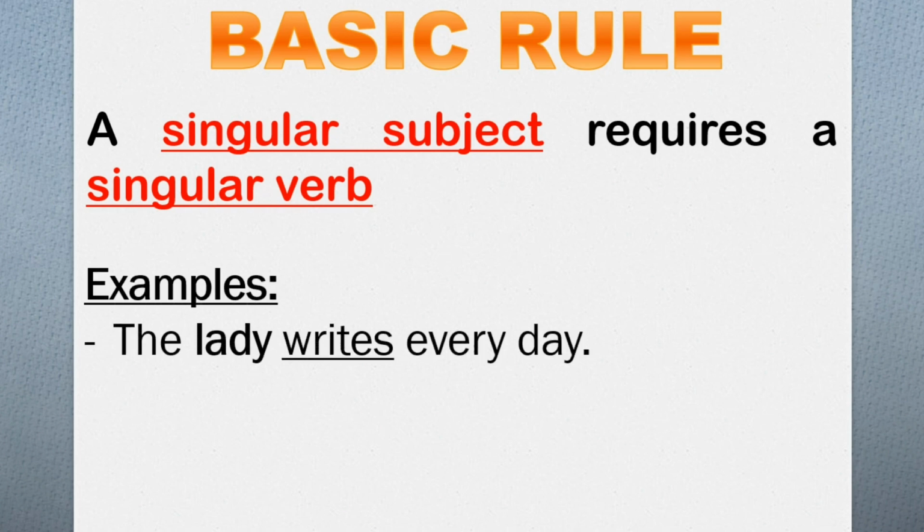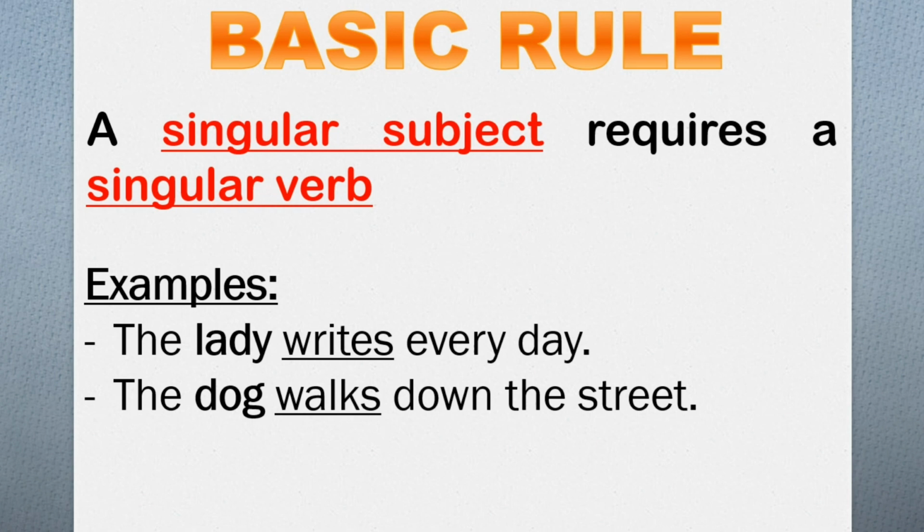First, the lady writes every day. The word lady here is your subject. This is singular because it doesn't end with s, es, or ies. And writes here is a singular verb because it ends with s. So, singular subject and singular verb.